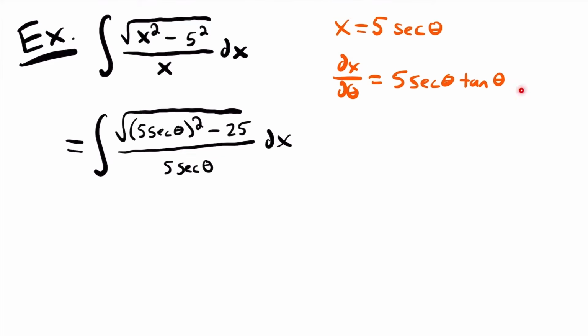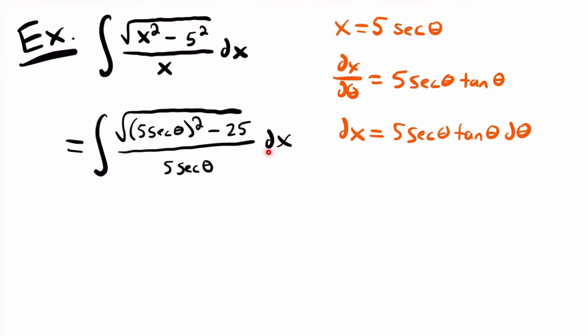And now if we multiply both sides by d theta, we can solve for dx, and so we'll have that dx is equal to 5 times secant theta times tangent theta times d theta. And now we can replace dx in our integral with that expression, and then our integral will be rewritten entirely in terms of theta, and then we will be able to simplify and solve it.